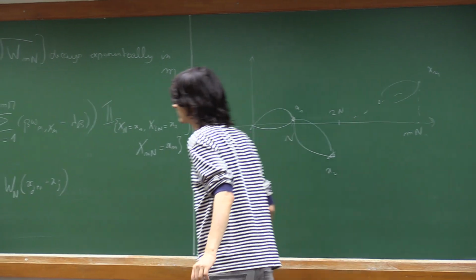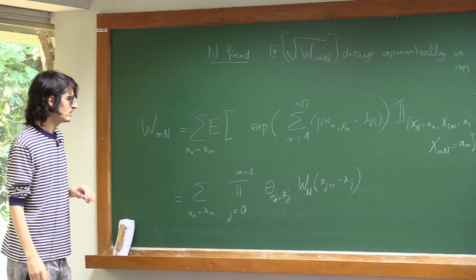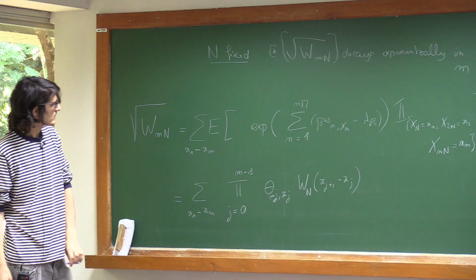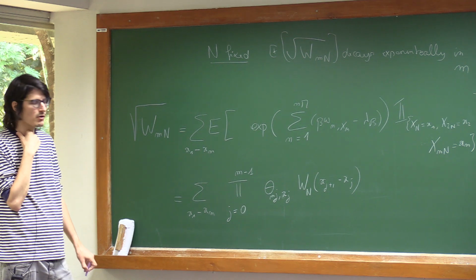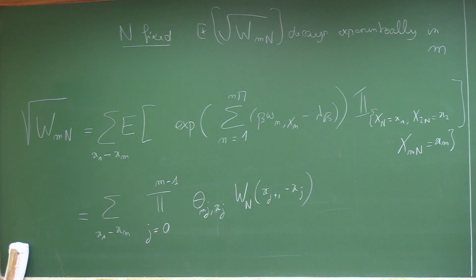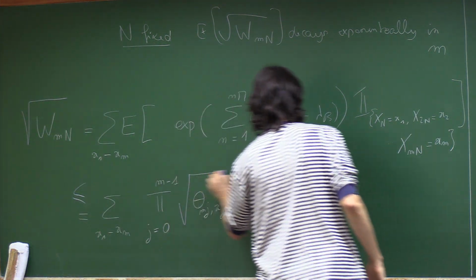Now, the good thing is that you know that the square root of a sum is smaller than the sum of square roots. And you also know that the product of square roots is the square root of the product. So combining these two things, you get this.